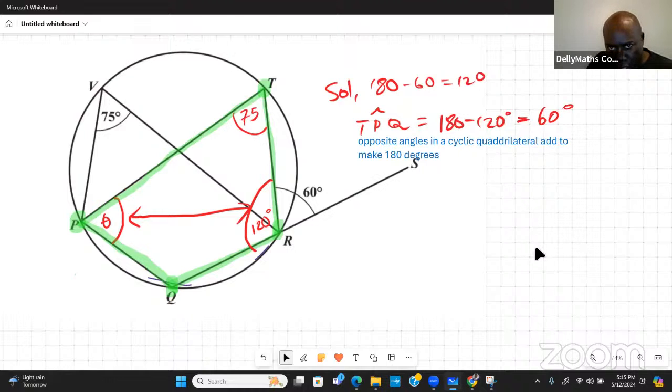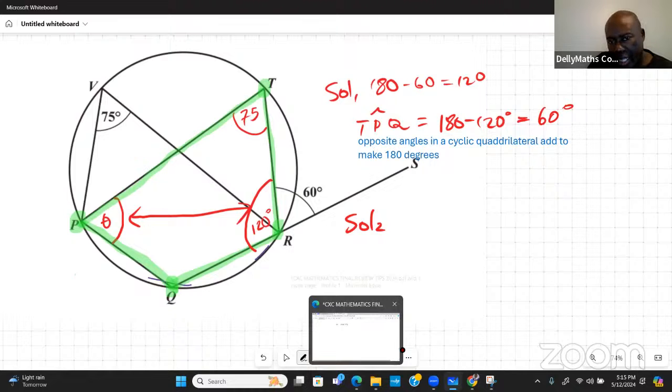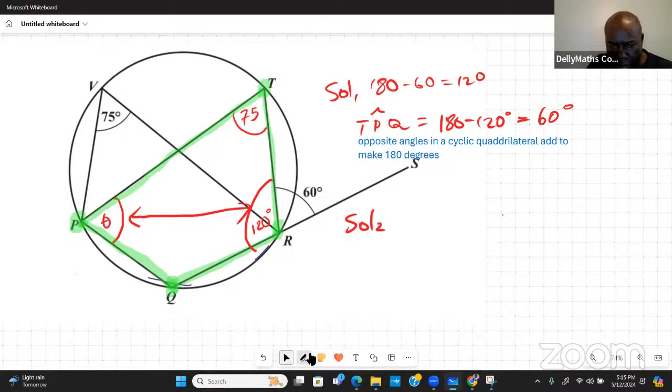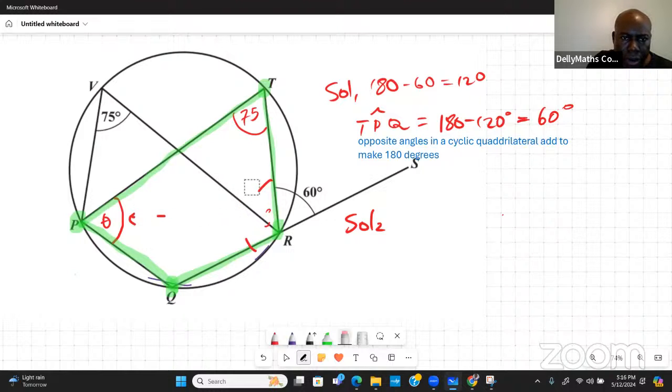So solution two. I'll give you solution two right now, and then we go. Solution two, I don't need to come inside, right? I'm going to stay on the outside to deal with this one. The moment I realize that I have a cyclic quadrilateral, and we do acknowledge that this 60 degrees here could take me to the answer, there is a rule that says the exterior angle, take a look.